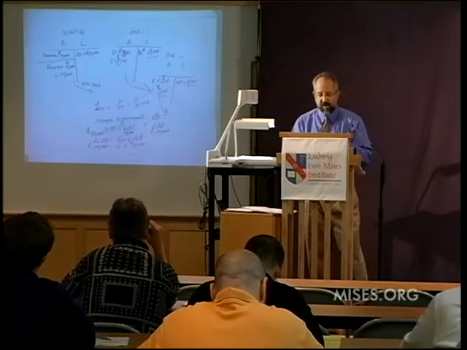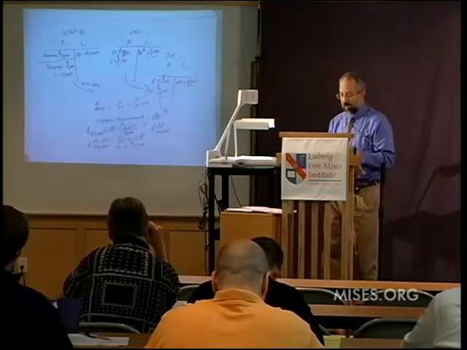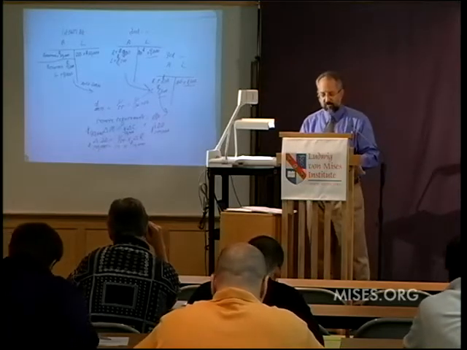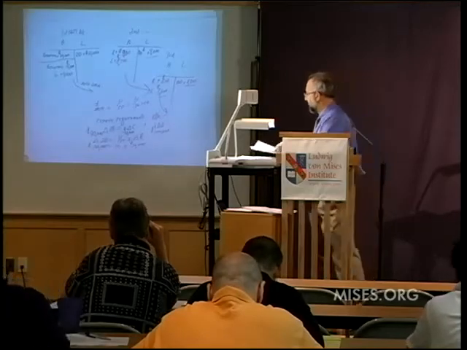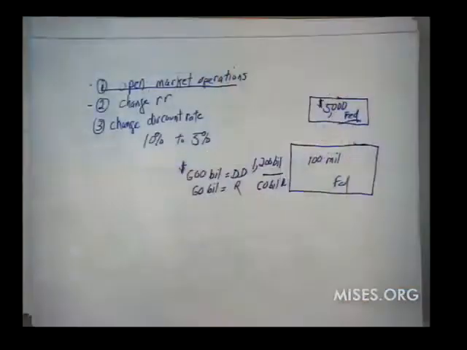Okay, now how do they do that? How do they inject reserves and drain reserves out? Well, let's take a very simple example. Let's say that I have a car for sale, a used car. Now, since 1980, the Fed can literally buy any asset. Up to that point, it could only buy short-term government bonds. It can buy long-term government bonds.